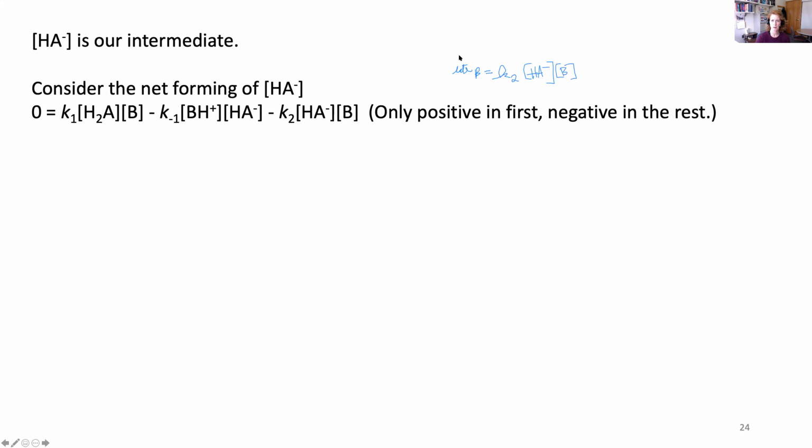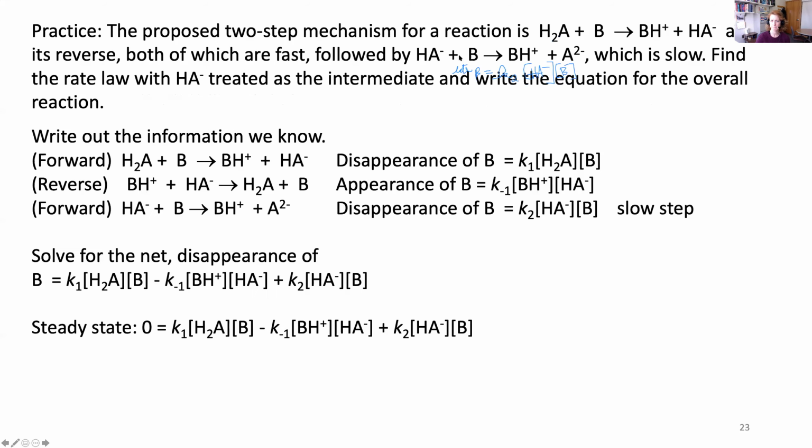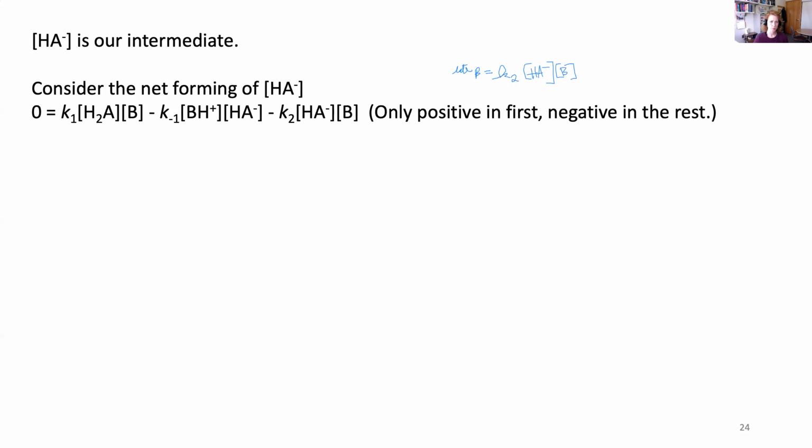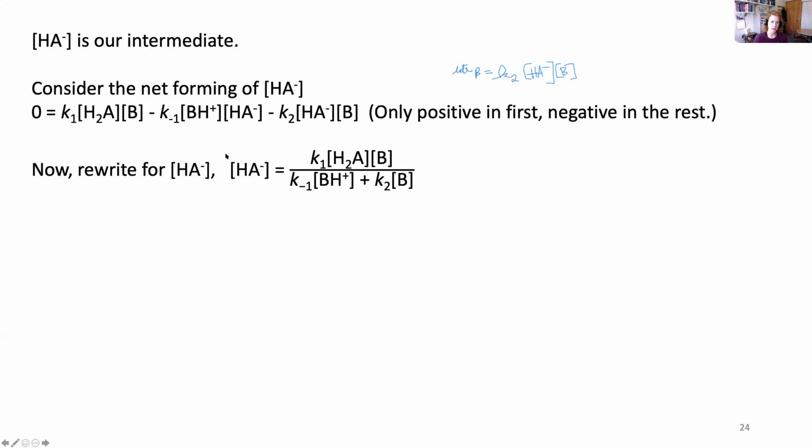Let me check. B times B. Okay, so we've solved for HA minus, and I think you can just take that and put it into here, but they don't do that. What they do is they take this and they put it back here and here.